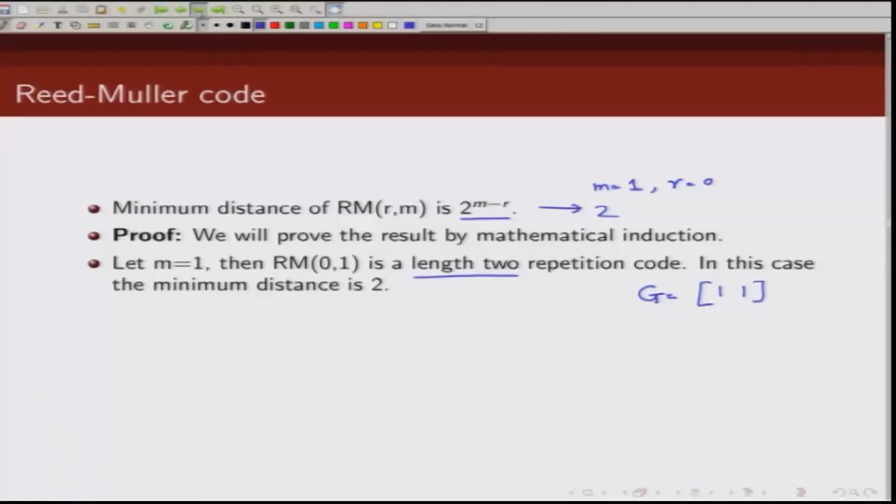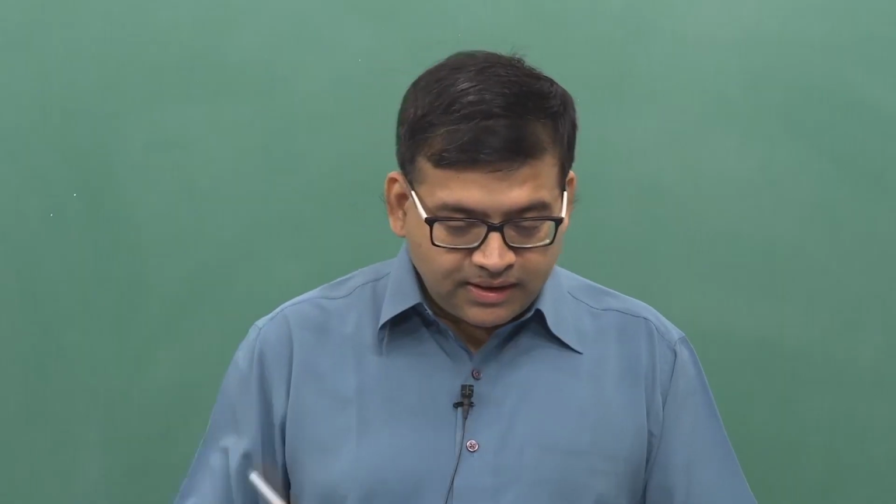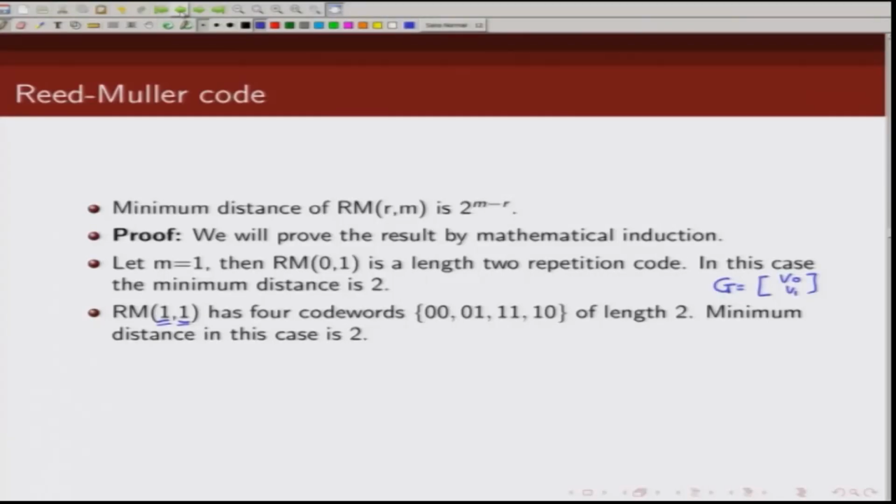Now, let us see if it holds true also for m equal to 1 and r equal to 1. Then the length of the codeword is again 2. So, G will consist of V0 and V1. And what are my V0 and V1?